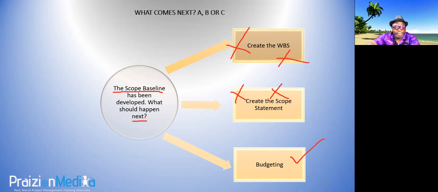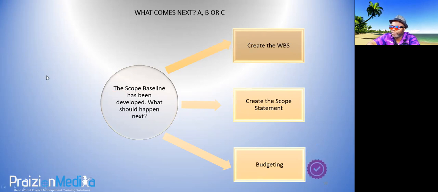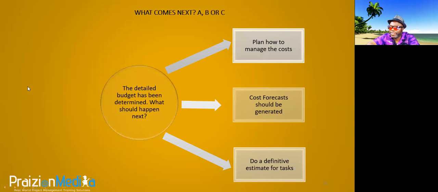Okay. All right. I think this is a final one. Final one. All right. The detailed budget has been determined. What should happen next? Let's relaunch this. Relaunch. All right. Final one.